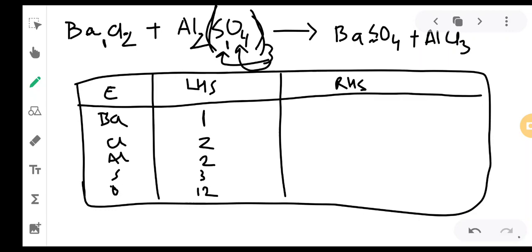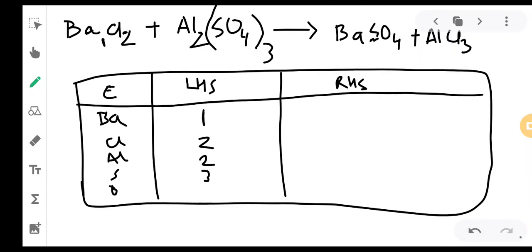So this was regarding the left hand side. There are 3 atoms of sulfur and 12 atoms of oxygen. On the right hand side, if you see, there is nothing, means it is 1. For sulfur there is only 1 atom of sulfur.